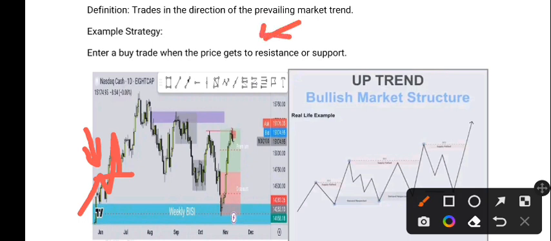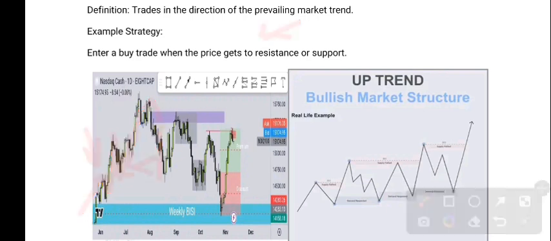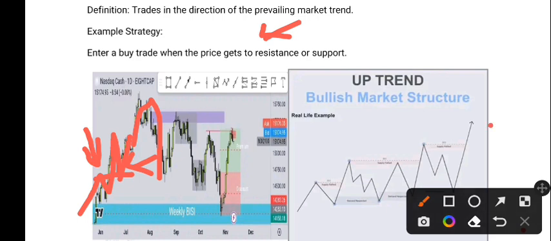So this resistance is this place. Price, after it has gone up, came back to this place so that it would act as a support. You can see when price went up, it came back again and acted as a support. I made sure that I did this video having both of them in mind.